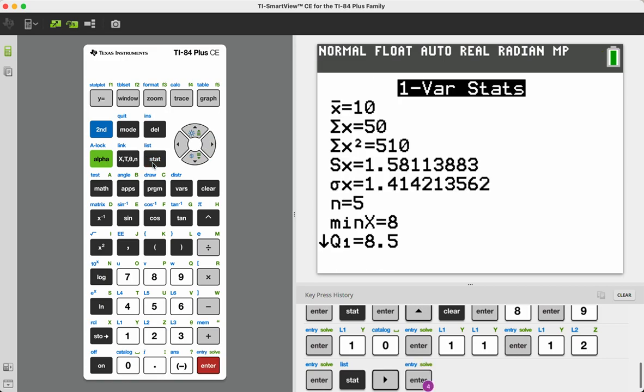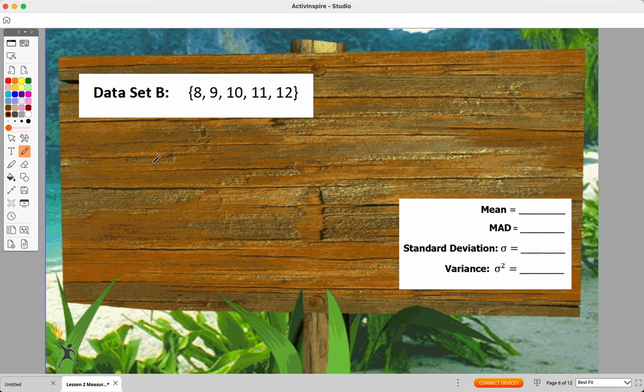Hey, look, my mean, again, is 10. That's great. I love that. So I've got a mean of 10. Now I'm going to find my mean absolute deviation again. I can do a lot of this in my head. 8 minus 10 is the absolute value of -2. 9 minus 10 is -1, absolute value of 1. 10 minus 10 is 0.